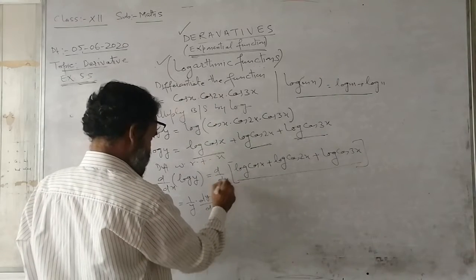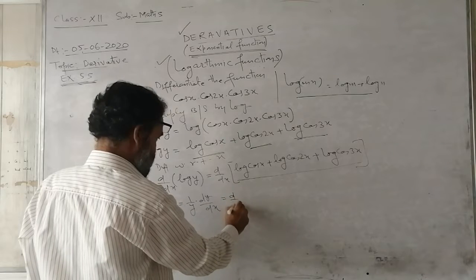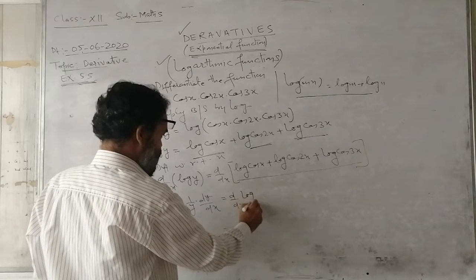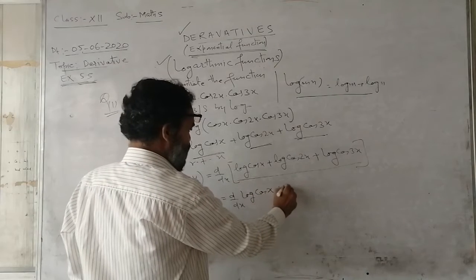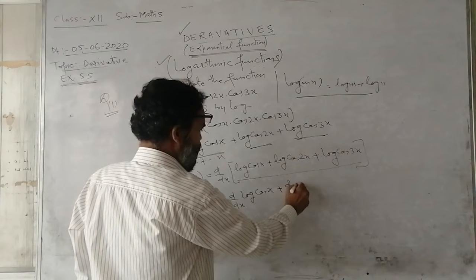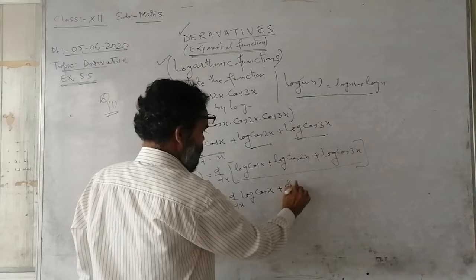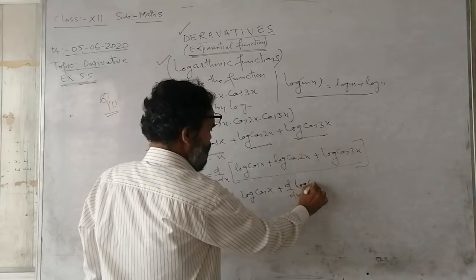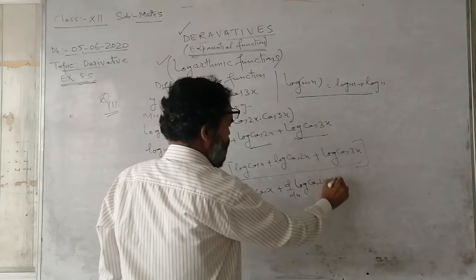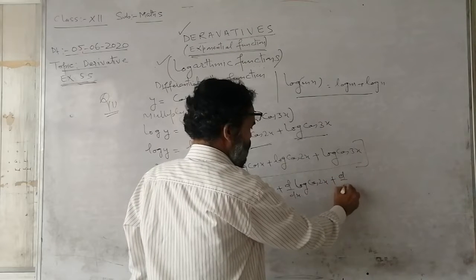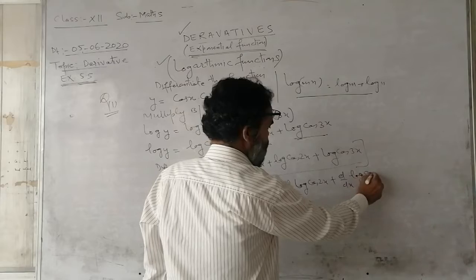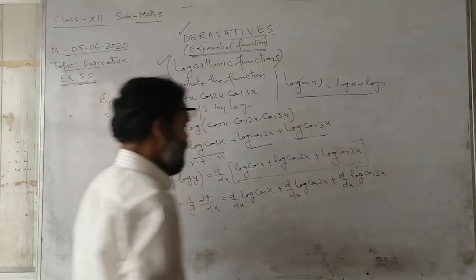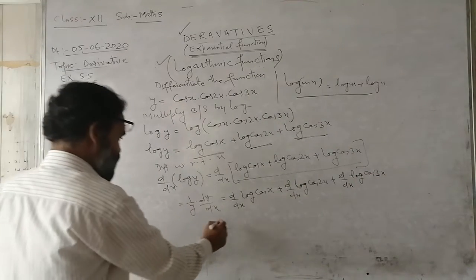So this will be d upon dx of log of cos x, and d upon dx of log of cos 2x, and its derivative will be d upon dx of log of cos 3x.